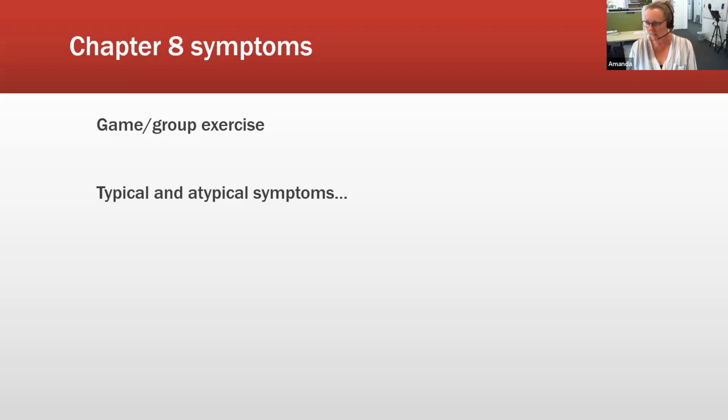So some of the atypical symptoms are localized discomfort either in the face or the jaw or the neck or arm or shoulder without the central crushing chest pain. Also pain in the lower or upper back can be a symptom.